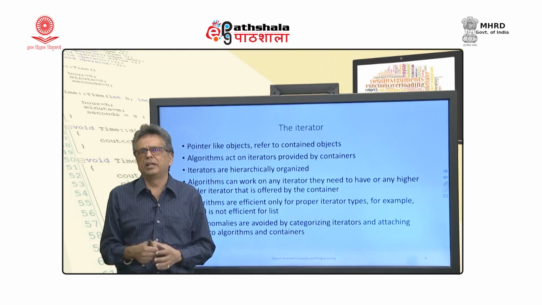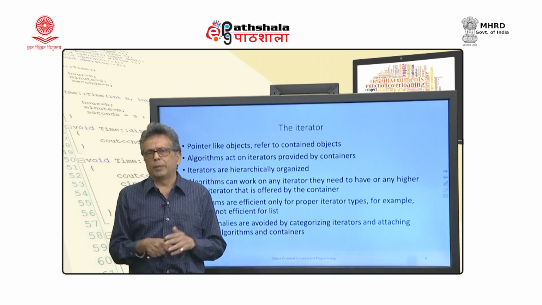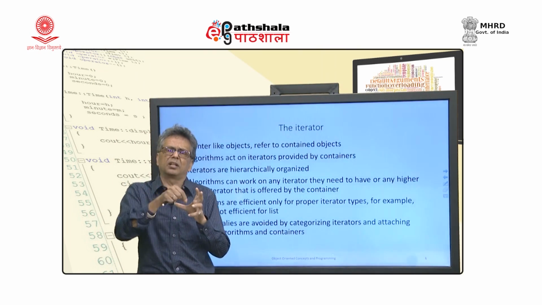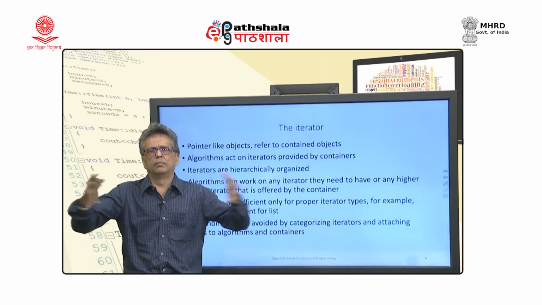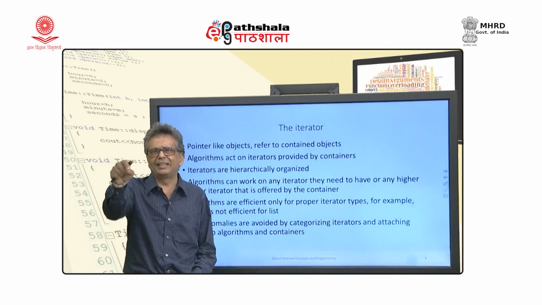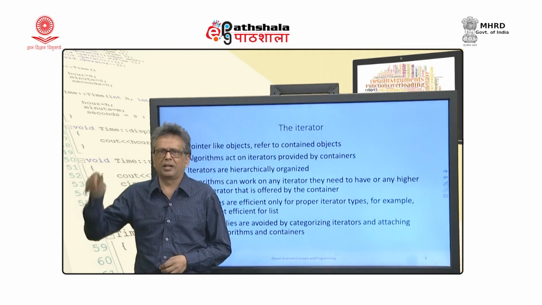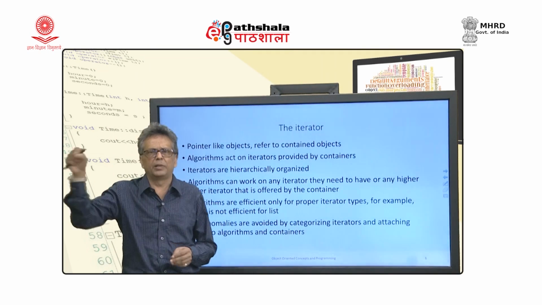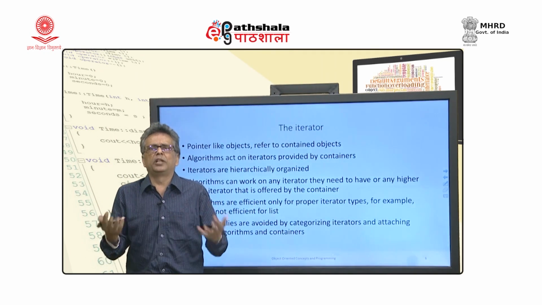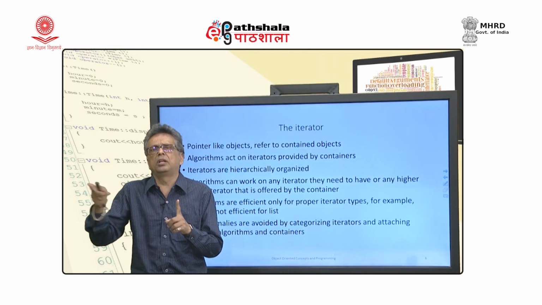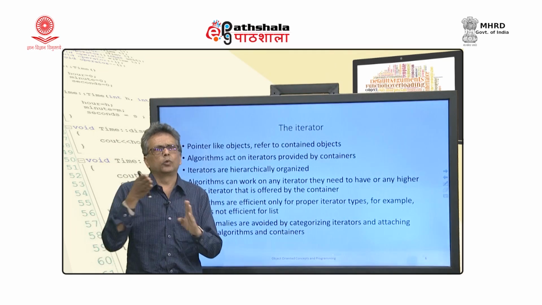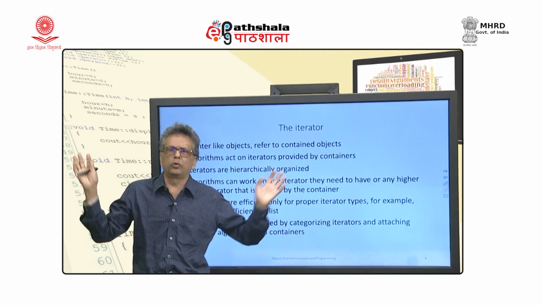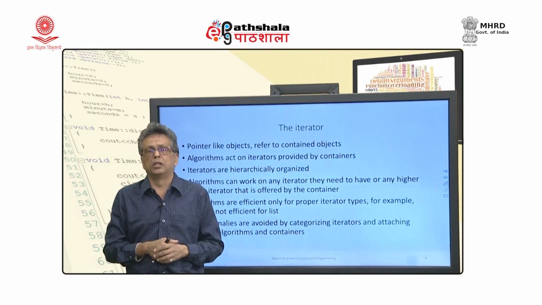For example, a doubly linked list is very good at insertion in the middle of it, but is very poor if you want random access. If you want to access the nth element and then the n minus 1th element and then some other element, a list is not good at that, because you will have to move sequentially in the list. If you pick up a vector or a deque, you can access them randomly, that is absolutely fine, but it is not very good with a list.